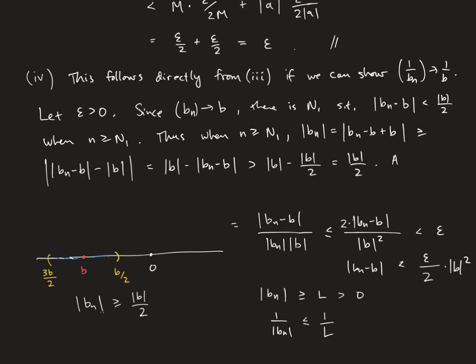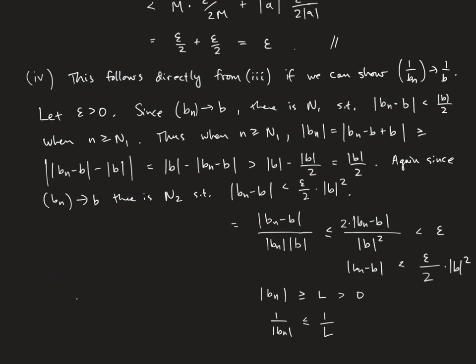Okay, again, since bn goes to b, there is an n2 such that the absolute value of bn minus b is less than epsilon over 2 times the absolute value of b squared. Okay, and now I can erase all of this stuff.